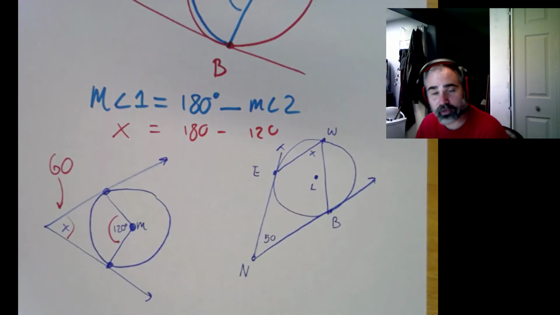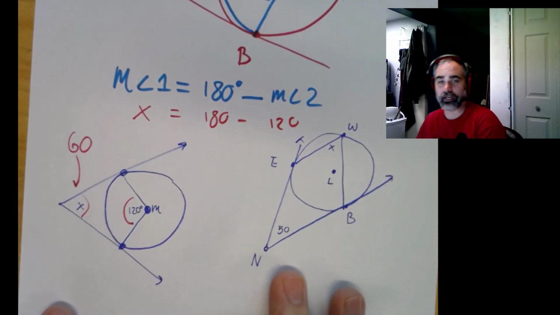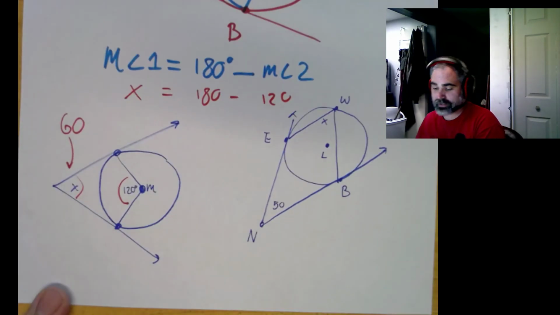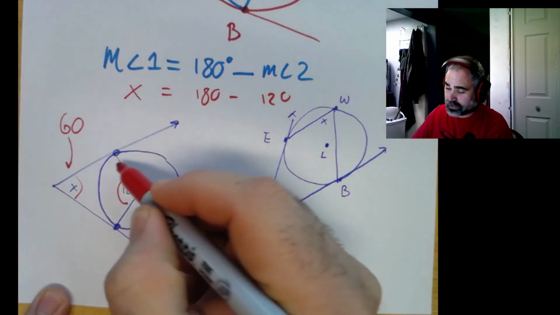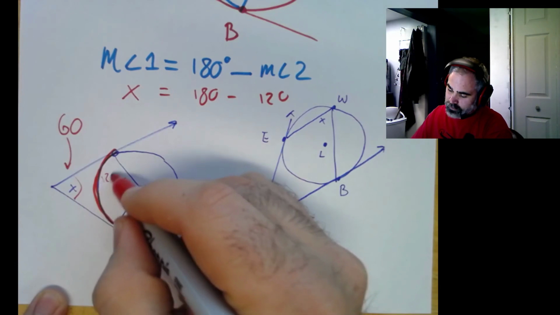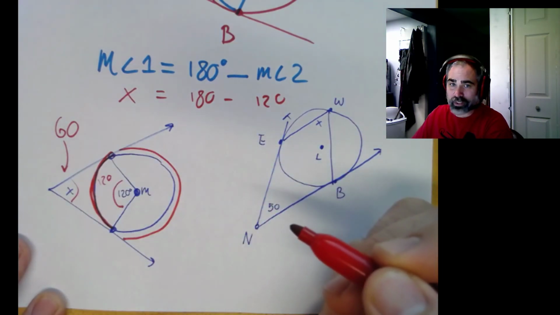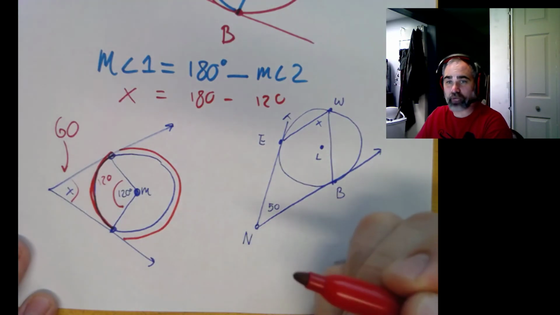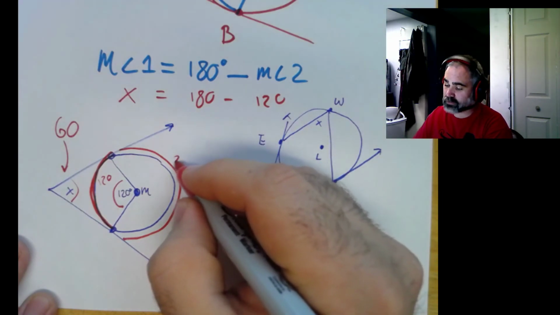Okay, another way you could have found this if you didn't recognize it, you could have figured out that this right here, because of the central angle, this arc is going to be the same measure. This is 120, which means that this one has to be 360 minus 120. It's the rest of the circle. So this has to be 240.